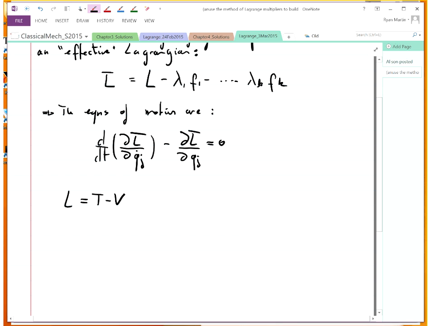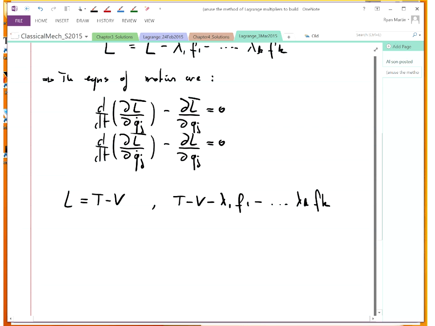So if you remember, L is T minus V. So T minus V minus lambda 1 f_1, minus lambda k f_k.